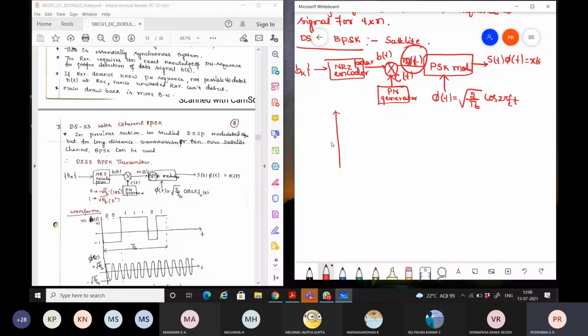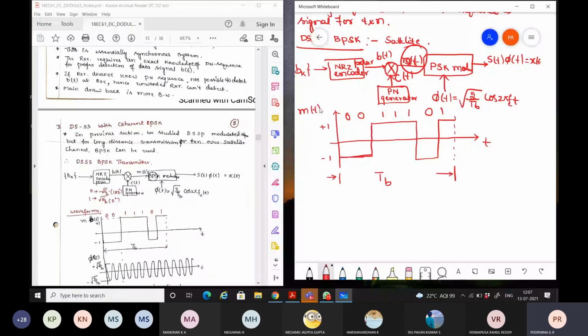Now that will be your m of t, and that m of t, after being given to the PSK modulator, how will the signal look? Let us see.